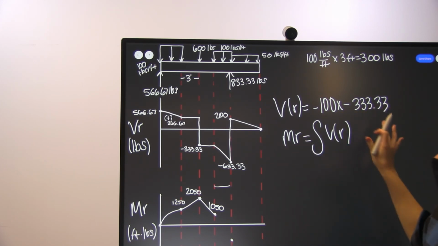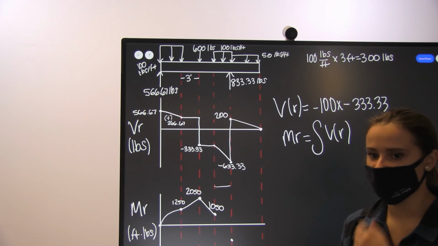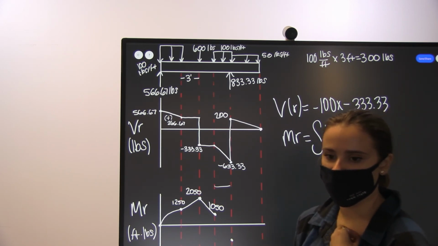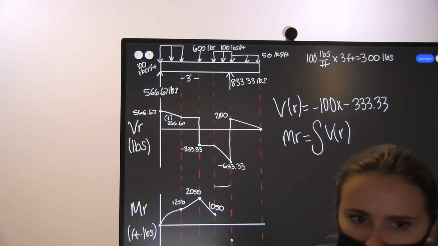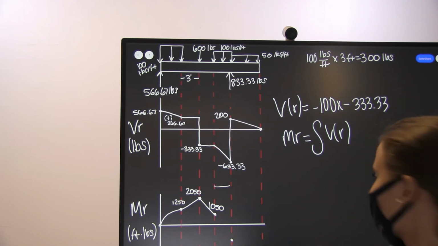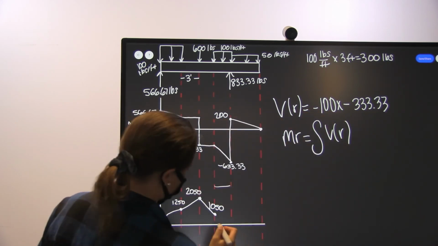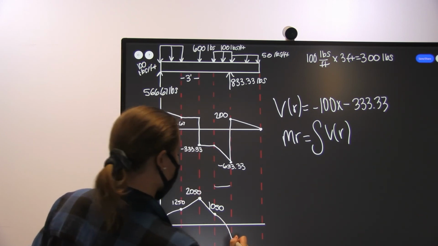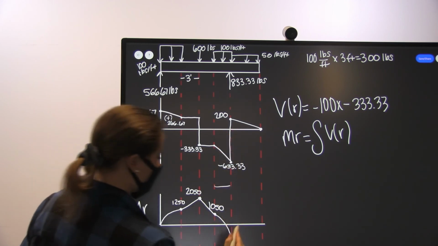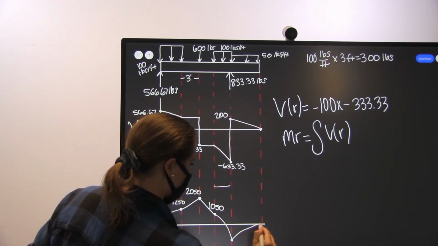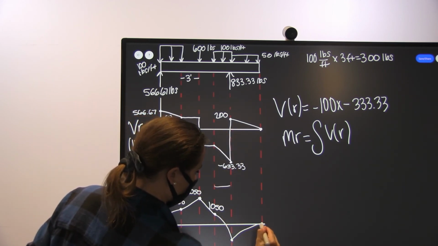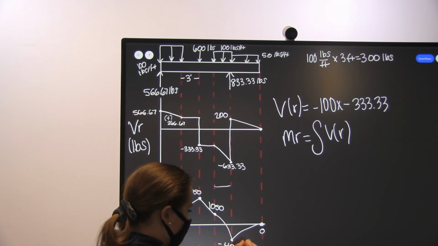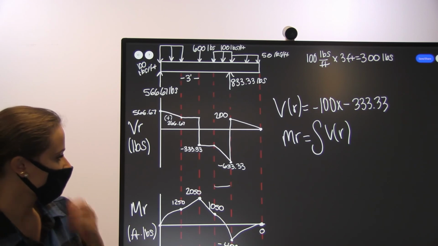And you would solve from there. You'd do the same thing with your C values and whatnot to end up getting the right values. And then from there, this is going to be a downward curve. And then same thing here, also slope like this. So that's going to end up being 0. And this is negative 400 foot-pounds.